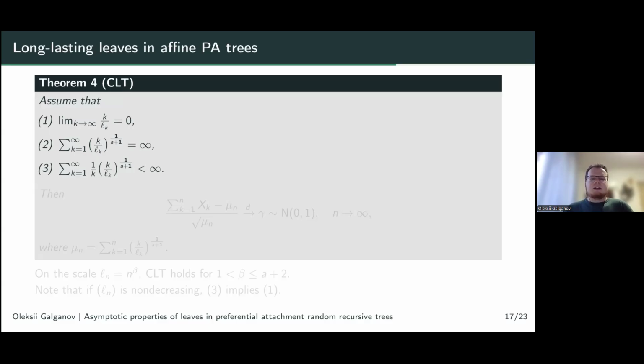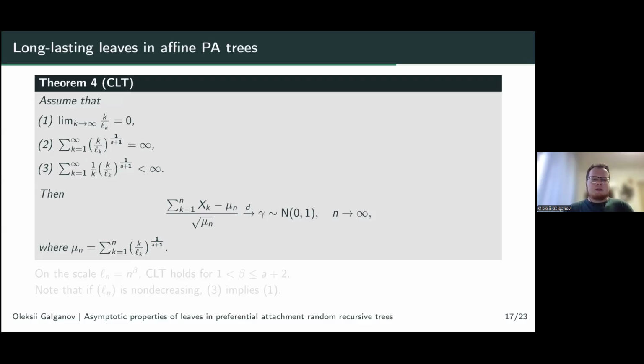And in this case, we have the following statement of the central limit theorem for the number of long-lasting leaves among the first n. What's interesting here is that variance and mean in this case are the same.